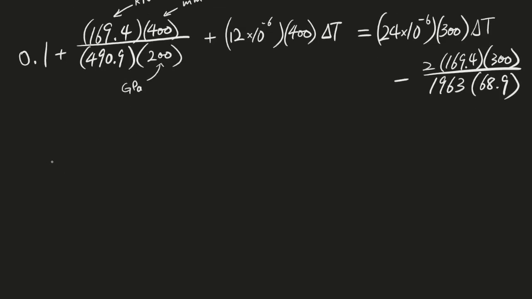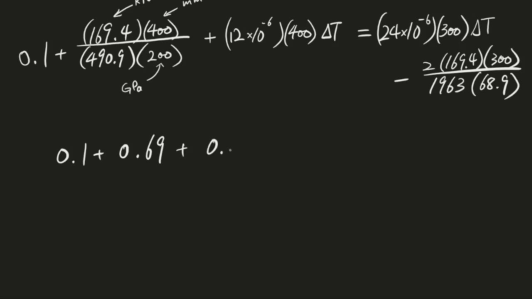Okay, now we can convert some more numbers. So that is 0.1 plus 0.69 plus, let's plug that into the calculator again, 12 times 10 to the power of negative 6 multiplied by 400.